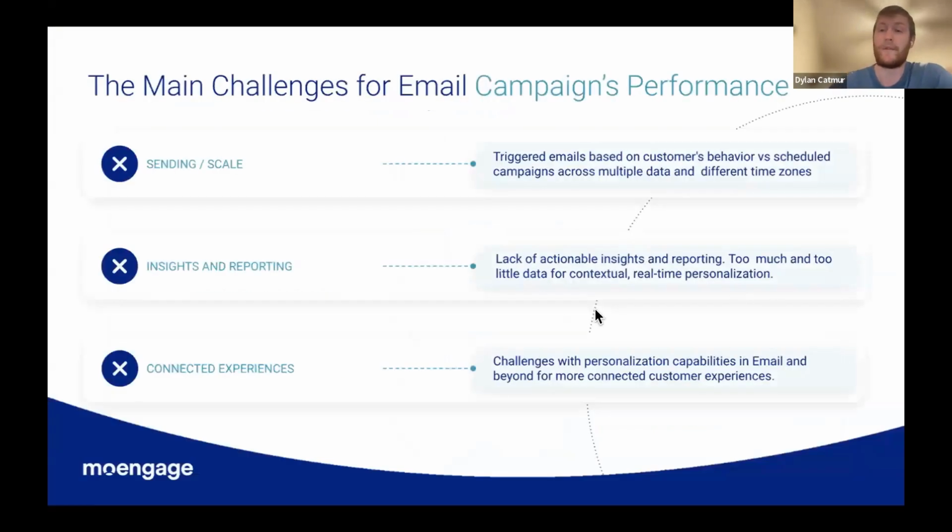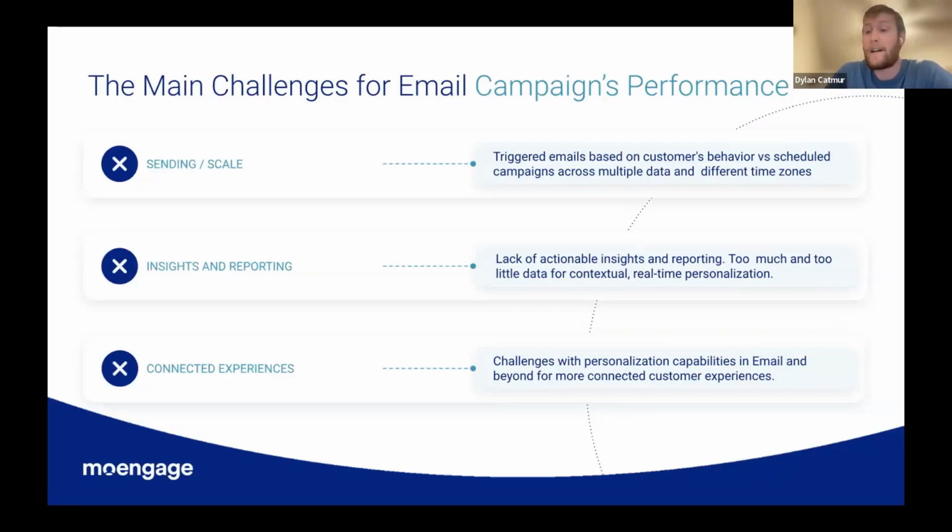A few main challenges that we've seen today for email campaign performance is sending at scale, right? So triggering emails based on customers' behavior. Back in the day, it was that batch and blast mentality, but today you have to really hone in on who your users are. That batch and blast mentality is just going straight to spam, or it's just not getting opened because no one cares about irrelevant offers.